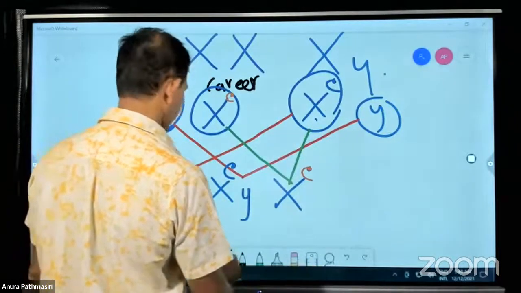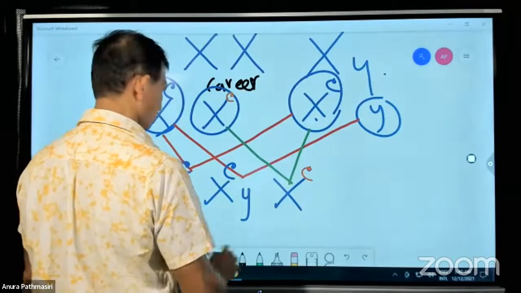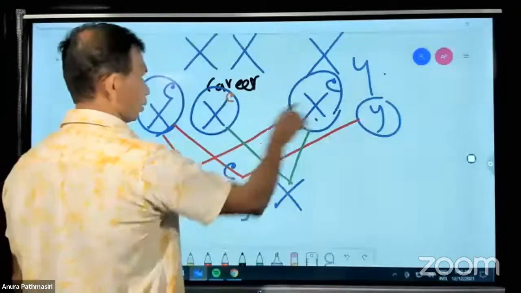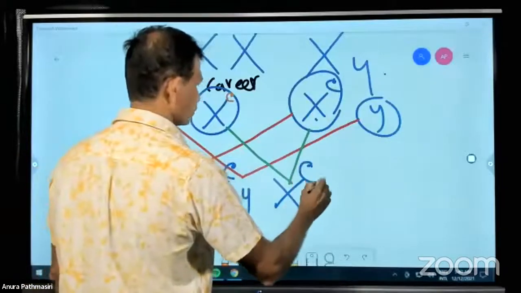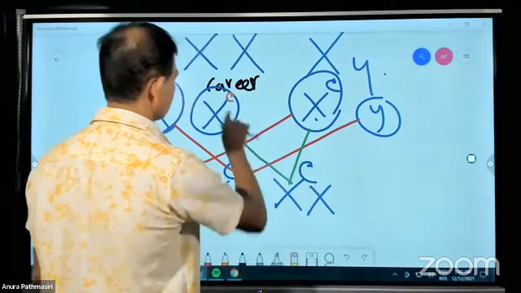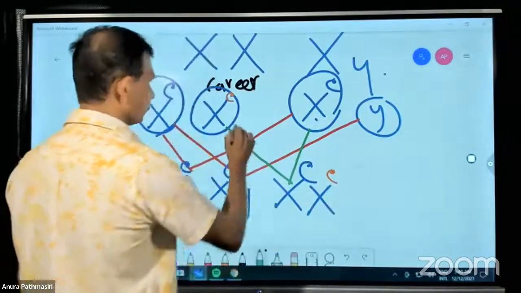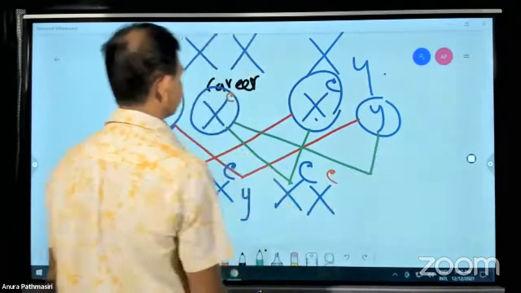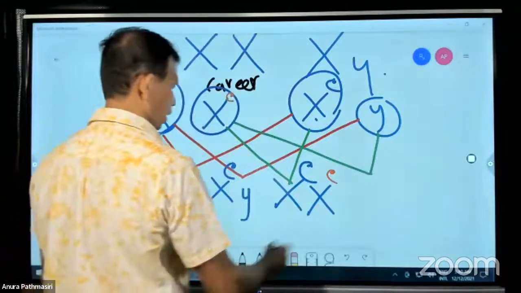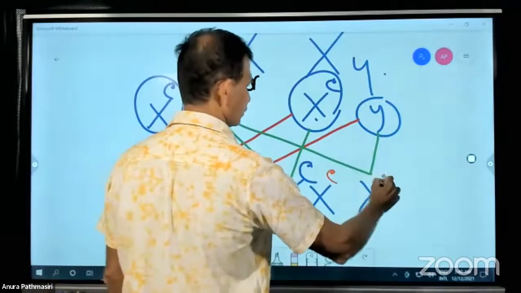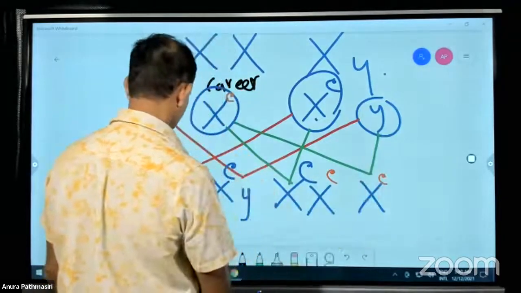I put the dominant factor first, capital C, and then this one. And the other probability is capital X, but simple C and Y.